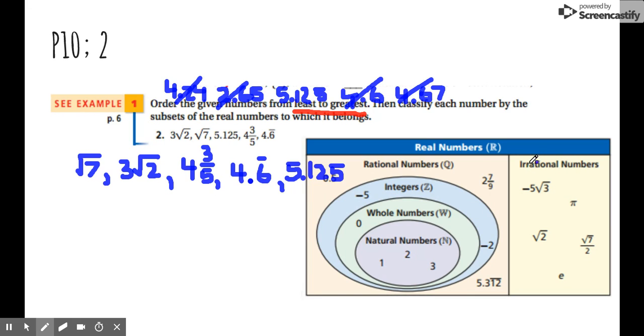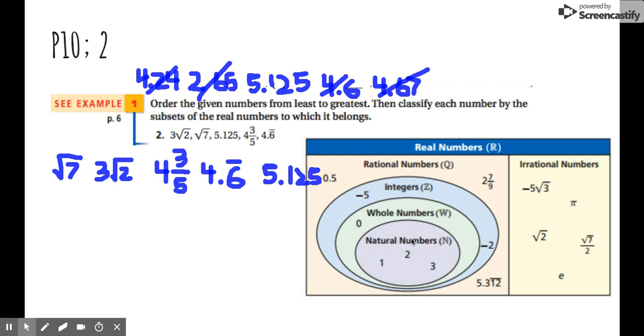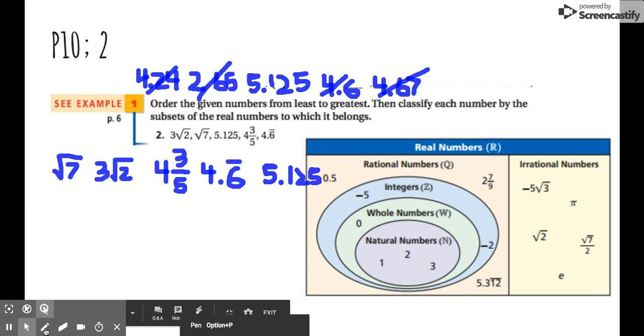So that's anything that's not a repeating decimal or a finite decimal. So the square root of 7 would be irrational. And I just label it IRR. The same with, it would be an integer, whole number, or a natural number.